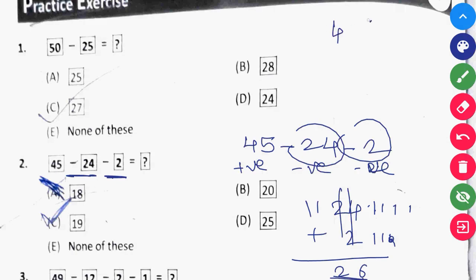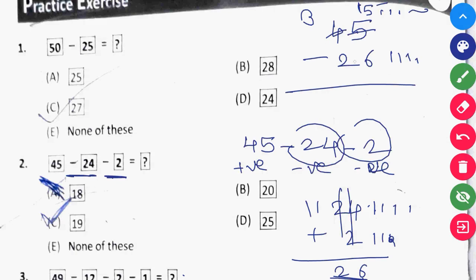Now you have to subtract 26 from this 45. Now again 6 cannot be subtracted from 5, so we have to borrow from the 4, so 5 becomes 15 and 4 becomes 3. Now draw 15 bar lines for the 5 and 6 bar lines for the 6 and then subtract, or instead you can calculate 7, 8, 9, 10, 11, 12, 13, 14, 15.